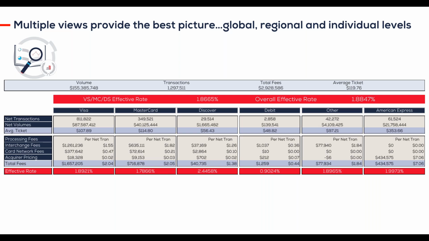So this is just showing high level information and then broken out by your card brand, which can be beneficial when you're looking at that effective rate across different channels of the cards and debit or other or private label.